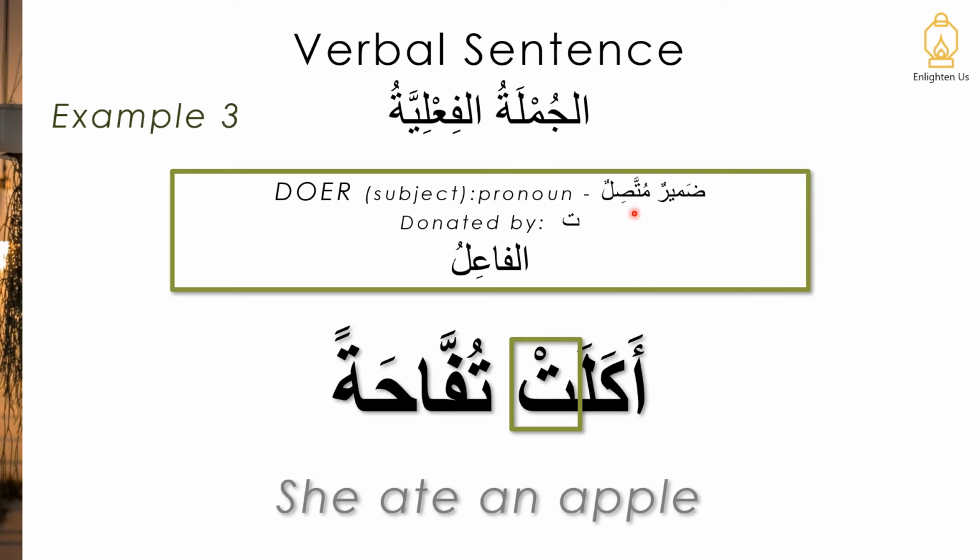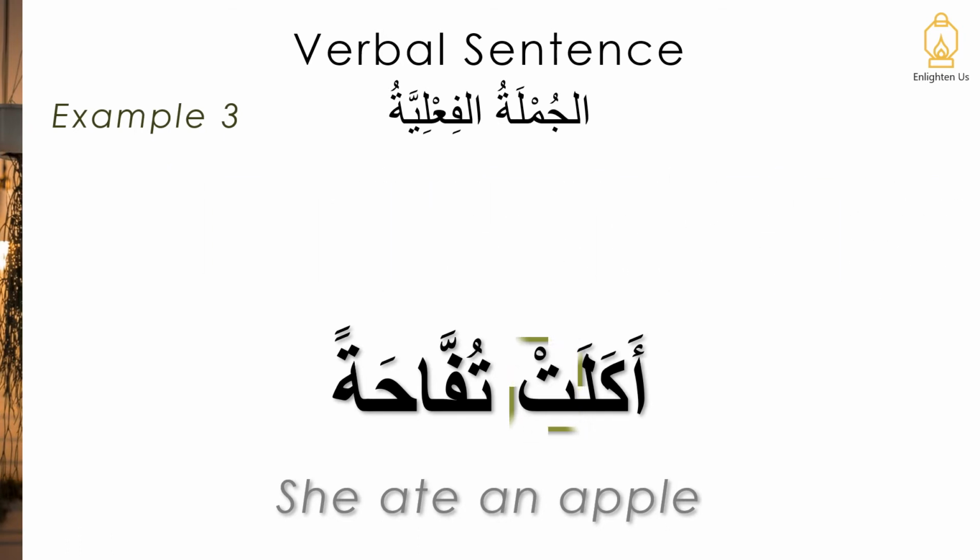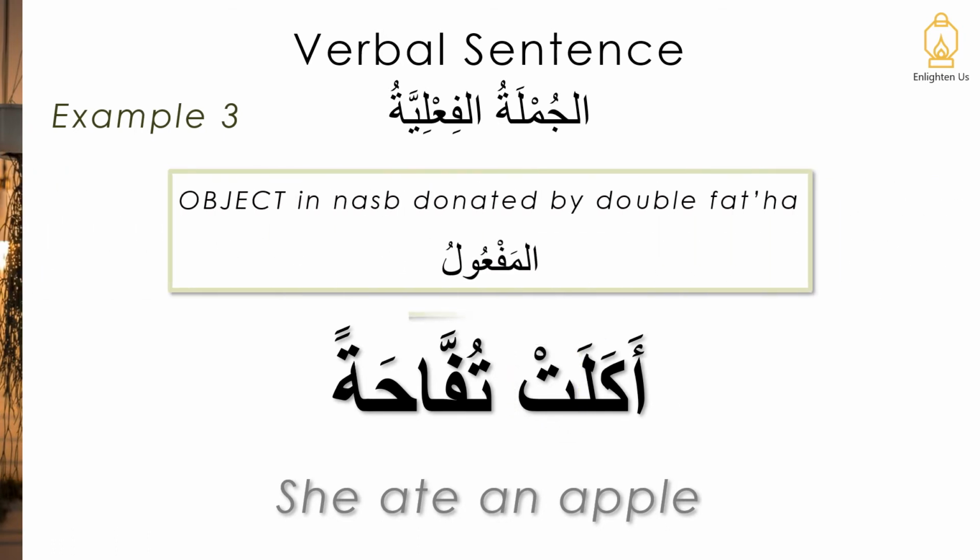And we call this damir muttasil because the ta' is visible, we can see it, it's there, and that's our fa'il, so it's attached to the fi'l. And again, tufahatan remains our maf'ul. Let's have a look at another example.